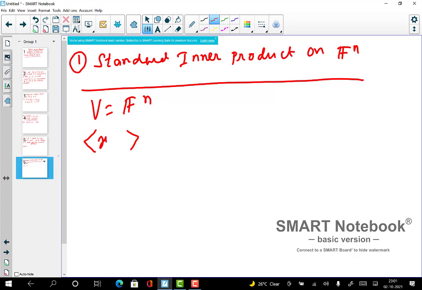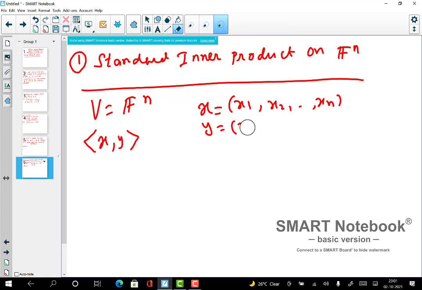So you're taking x, y, where x is an element of Fn, so you can write it as n-tuples, x1, x2, ..., xn. Similarly, y can be written as y1, y2, and so on, yn.